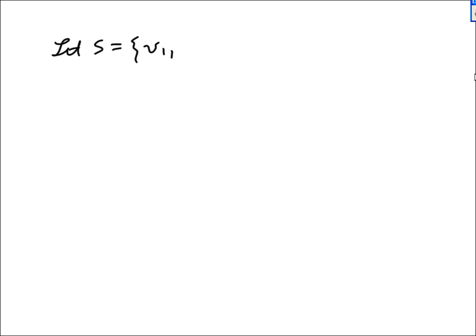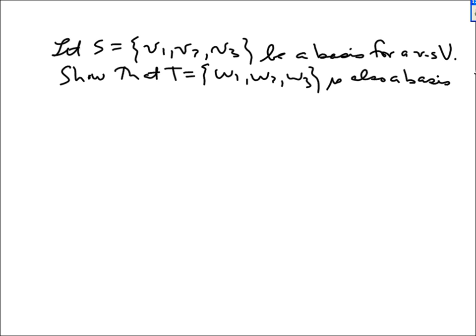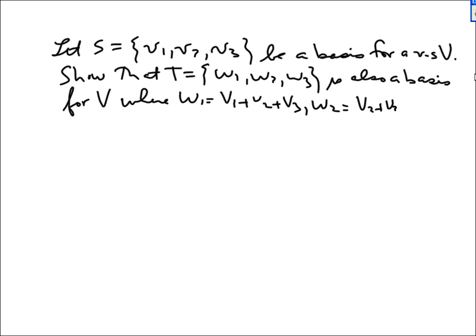Let S equal V1, V2, V3 be a basis for a vector space V. Now, we want to show that T, which is W1, W2, W3, is also a basis for V, where W1 is the sum of the vectors in S, W2 is the sum of two vectors in S, and W3 is V3.